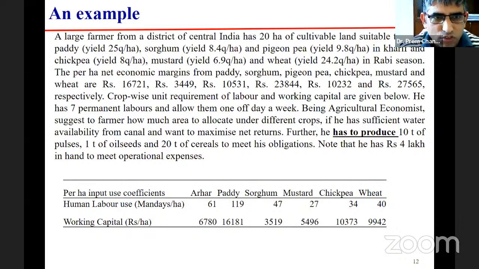As an agricultural economist, suggest to the farmer how much area to allocate under different crops, if he has sufficient water availability from canal, and wants to maximize net return. Further, he has to produce 10 tons of pulses, 1 ton of oilseeds, and 20 tons of cereals to meet his obligations, because he has to give this much quantity of cereals, pulses, and oilseeds to his laborers. Note that he has 4 lakh rupees in hand to meet operational expenses.